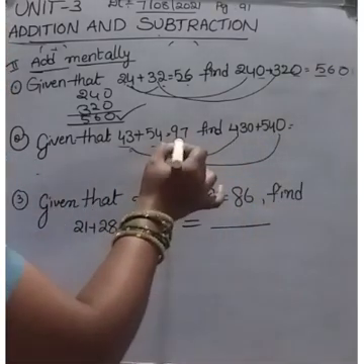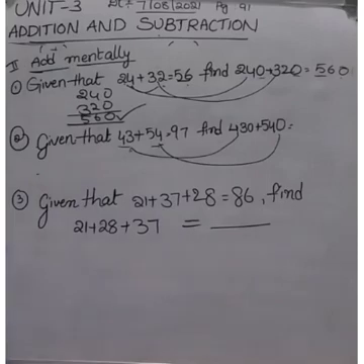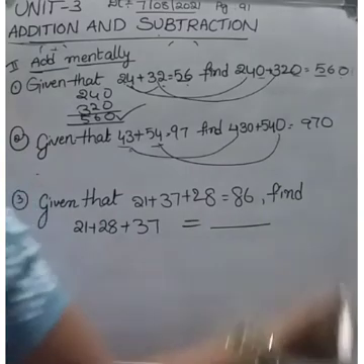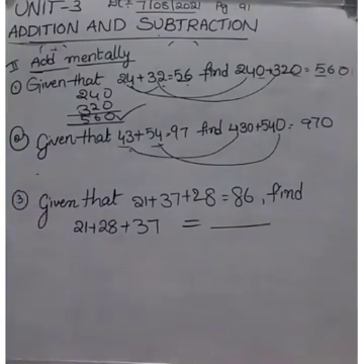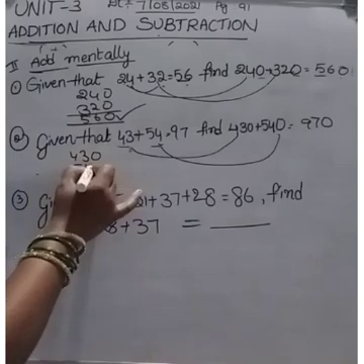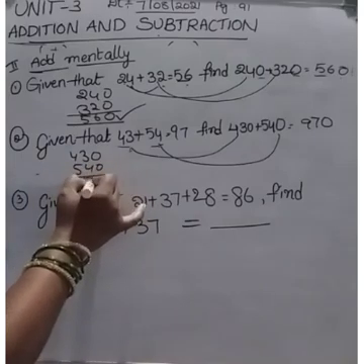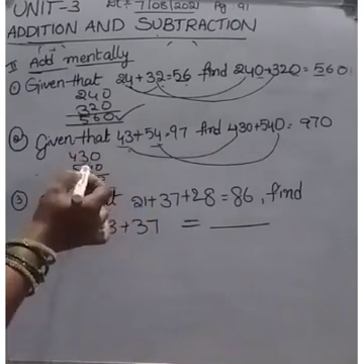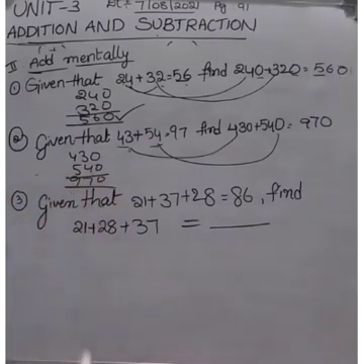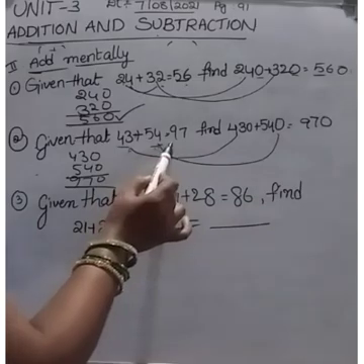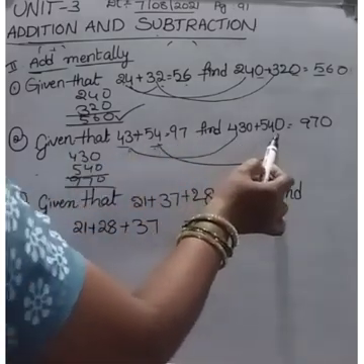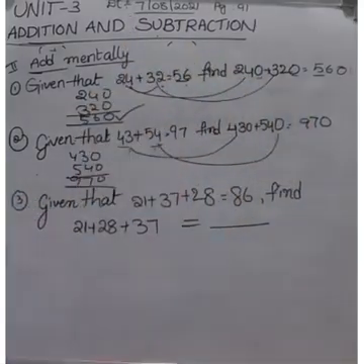So what will come? Think mentally. The answer is 97 with one more 0, so 430 plus 540 equal to 970. Is it clear? 4 plus 3, 7. 4 plus 5, 9. 43 plus 54 equal to 97, then 430 plus 540 equal to 970.